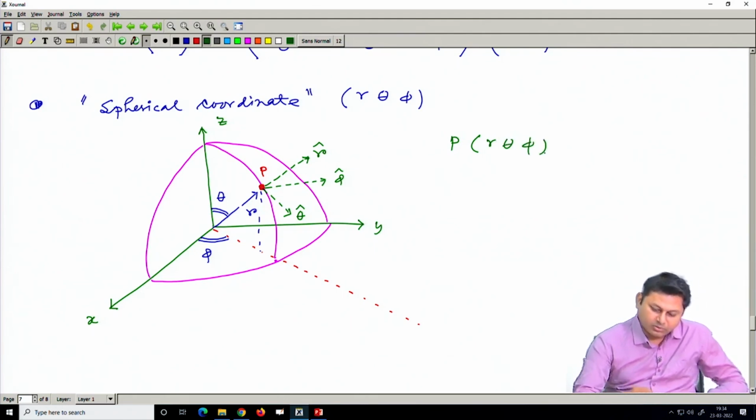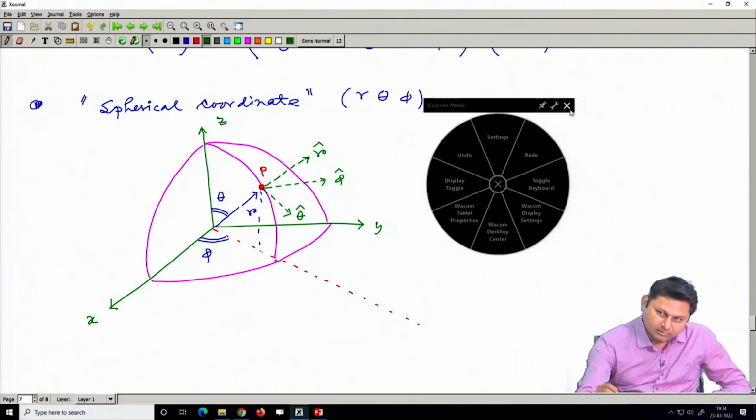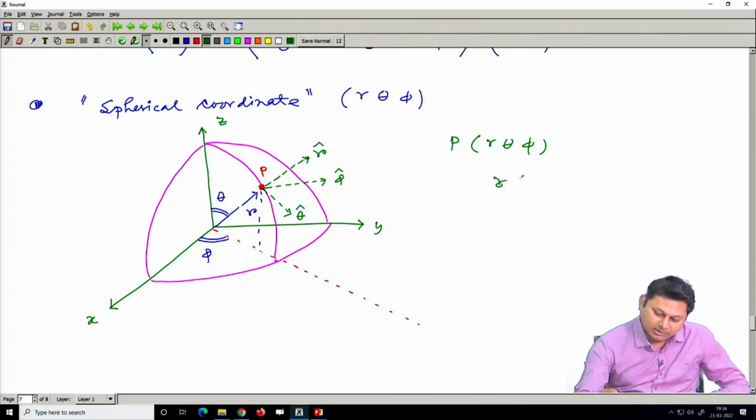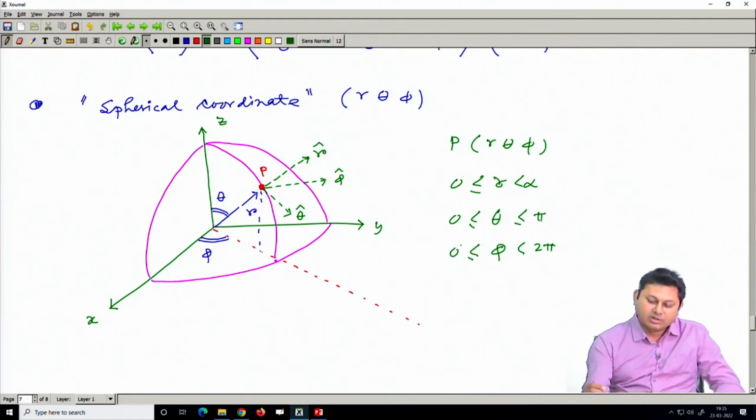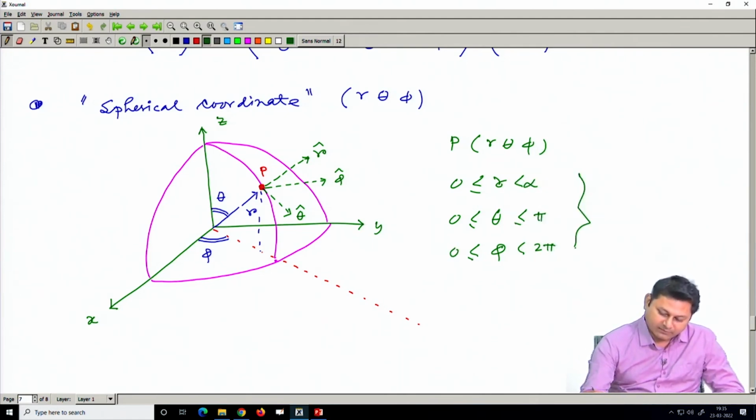What are the limits of these? r is greater than or equal to 0 and less than infinity, theta is greater than or equal to 0 and less than or equal to pi, and phi should be greater than or equal to 0 and less than 2 pi. So, these are the restrictions we have for r, theta and phi.